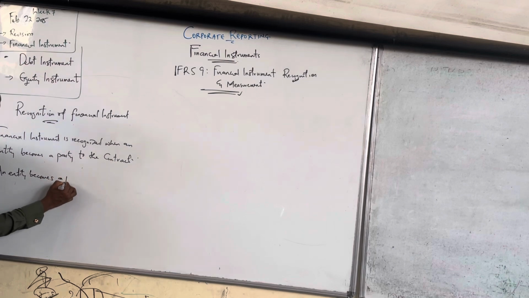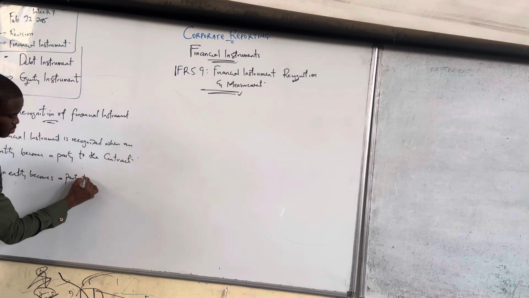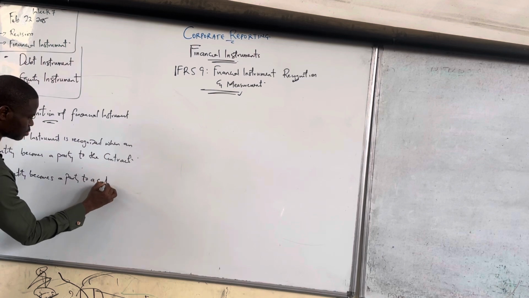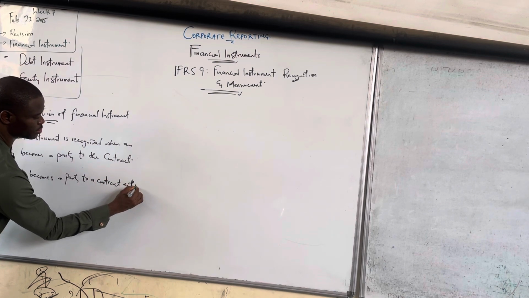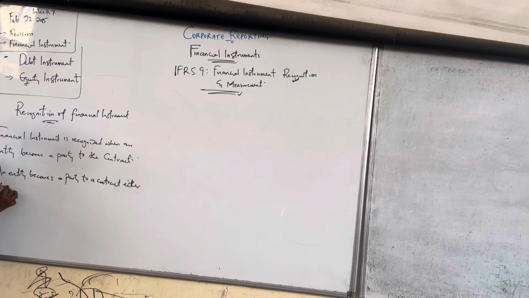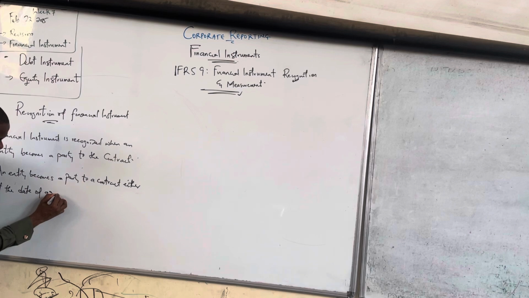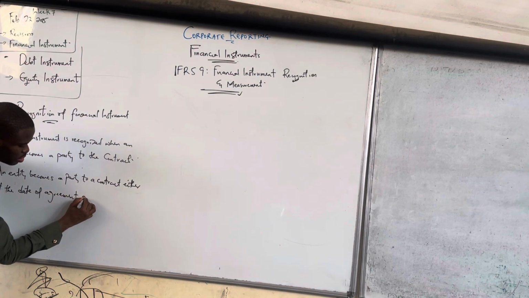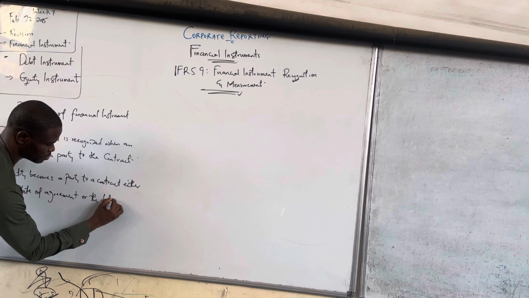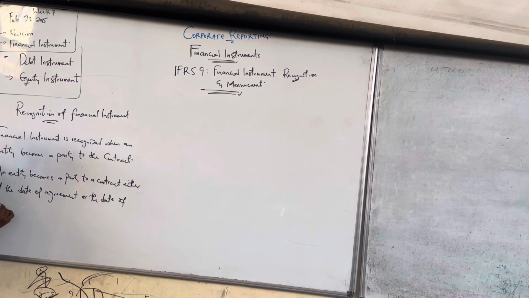An entity becomes a party to a contract either at the date of agreement or the date of commitment.